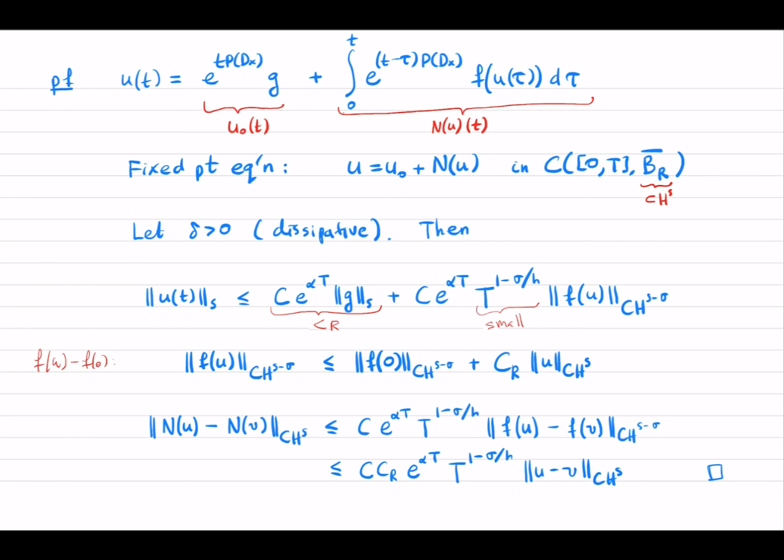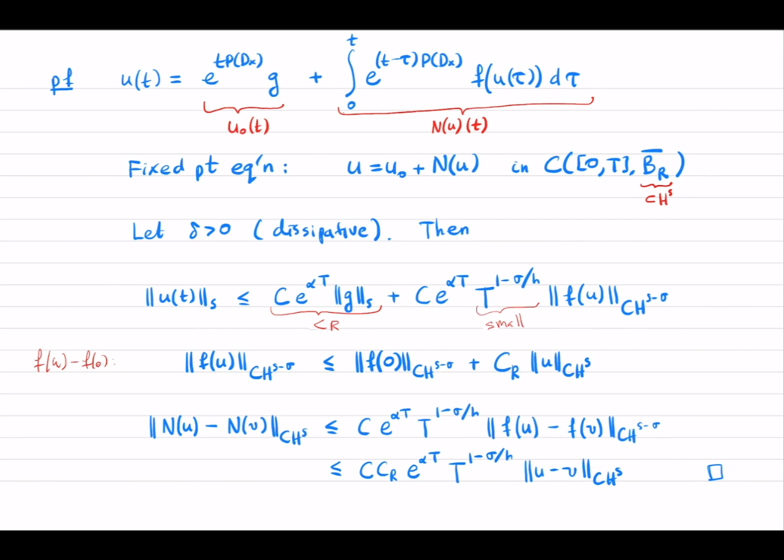So that means for any given capital R strictly bigger than, let's say, C times the norm of G, we can always choose capital T small enough to make the whole right-hand side smaller than capital R.